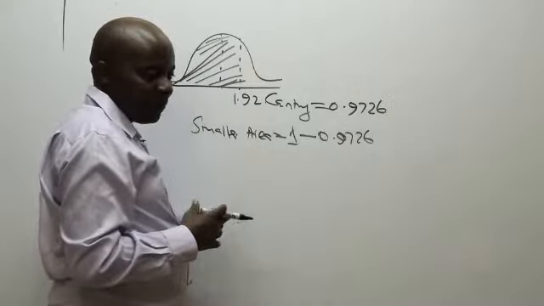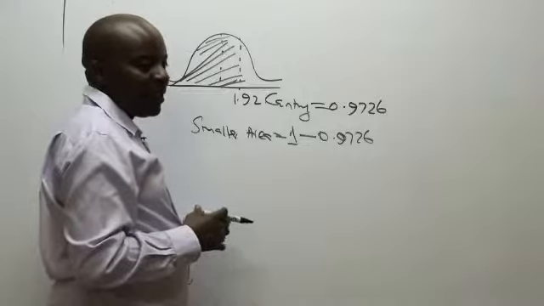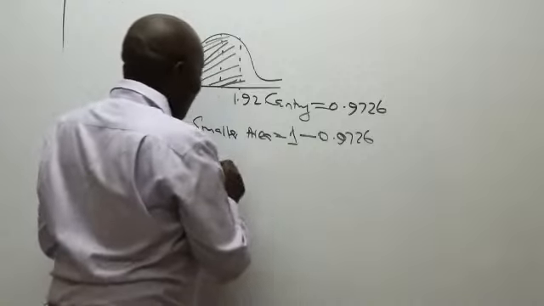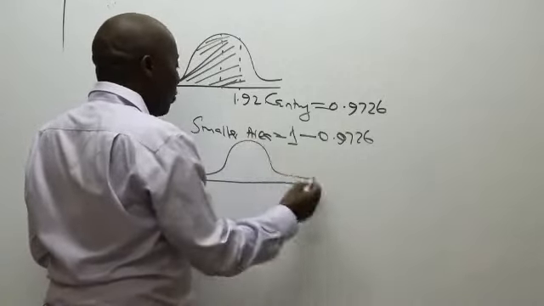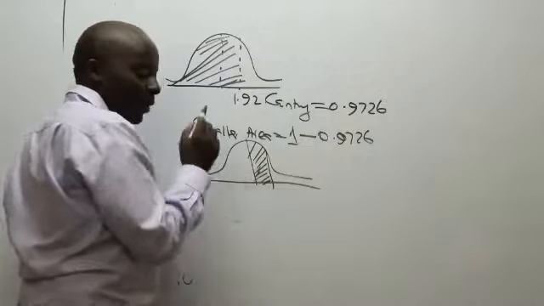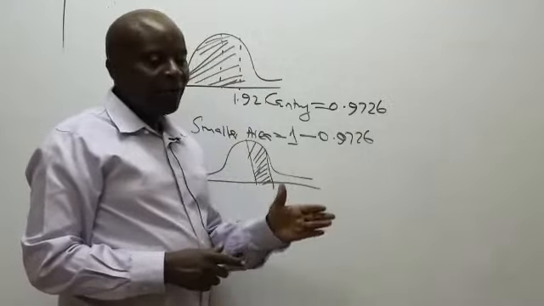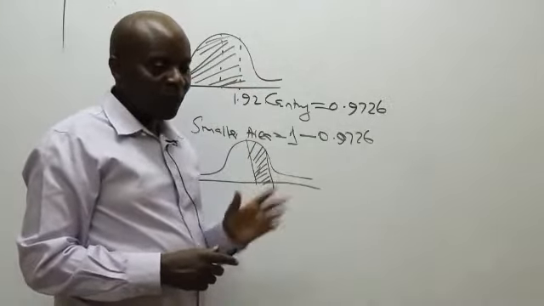But the good table is the one that is not cumulative, where they have shaded only this part, omitting the 0.5. Ladies and gentlemen, I've passed my point across.